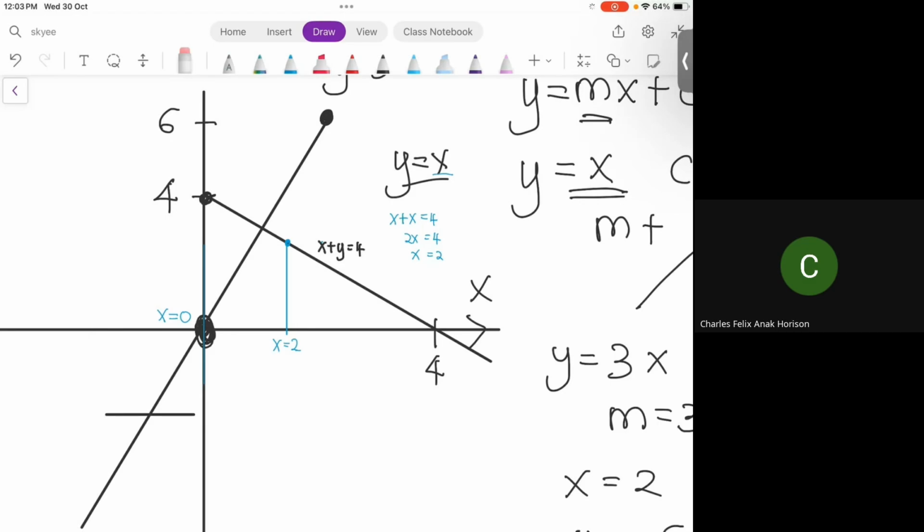Draw again. Something like this. Okay, so this is x equals to y. Draw extended.